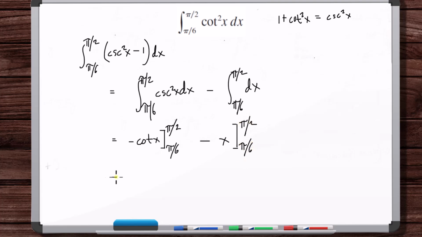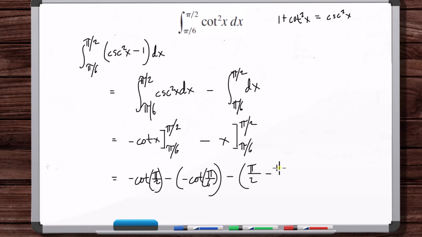All right, so minus cotangent pi over 2 minus cotangent pi over 6 minus pi over 2 minus pi over 6.